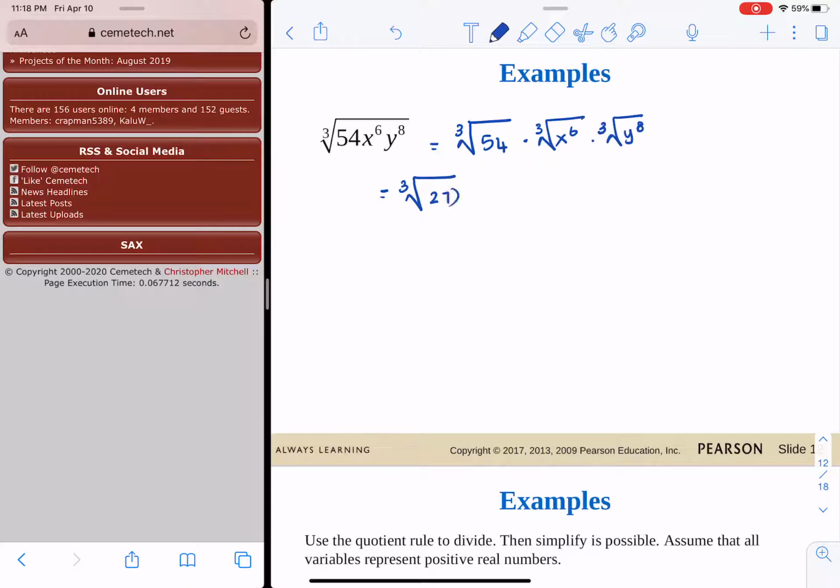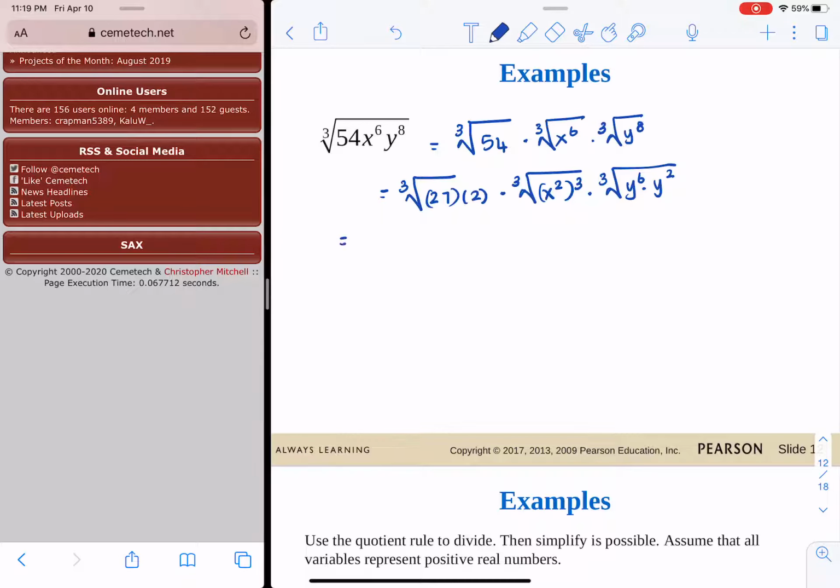I could write it as 27 times 2. I could write x raised to 6 as x squared raised to 3, which gives us a perfect cube. And at the beginning it might seem that y raised to 8 is not a cube, but if I write it as y raised to 6 times y raised to 2, the bases are identical and 6 plus 2 would be 8.